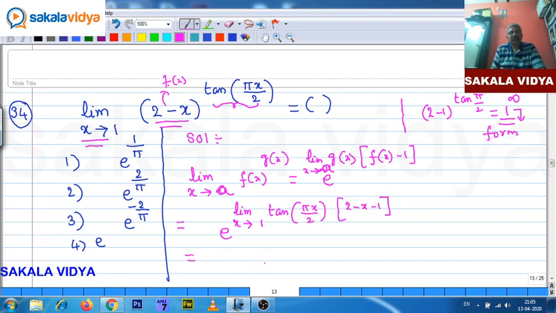So, this equals e to the power of limit x tends to 1, 1 minus x by the tan pi x by 2, that is, you can write cot of pi x by 2.